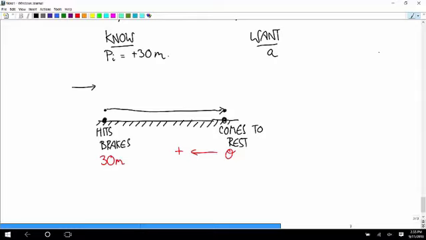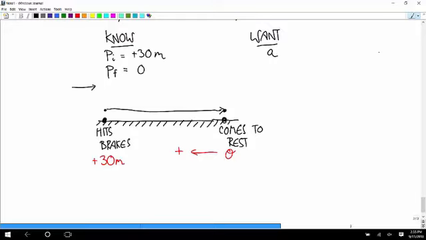This is where the car is when time is equal to 0, and it has the label positive 30. Do we know the final position, the position when time is t final? Yeah, 0, right. Yes, that's right.